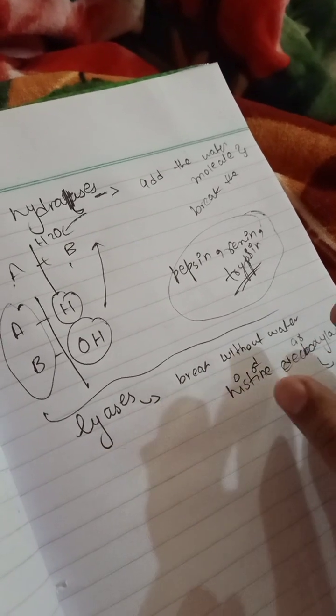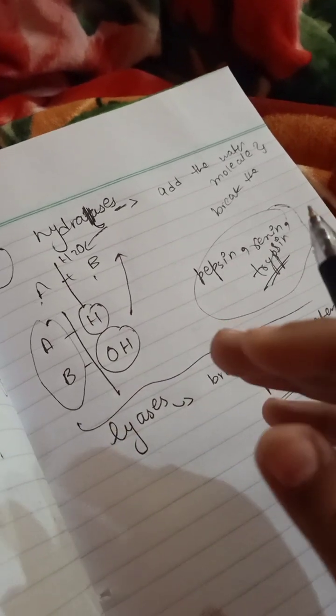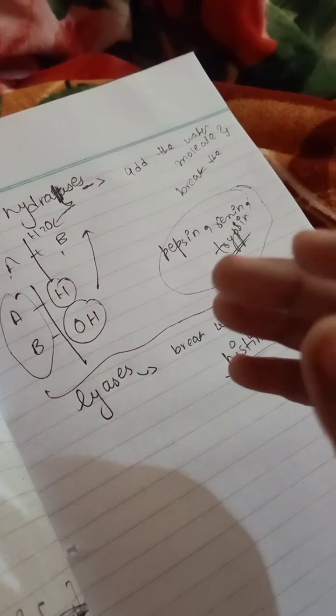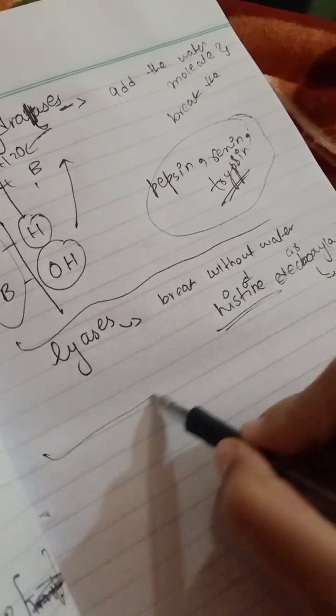So histidine decarboxylase breaks the bond by removing carbon as carbon dioxide.